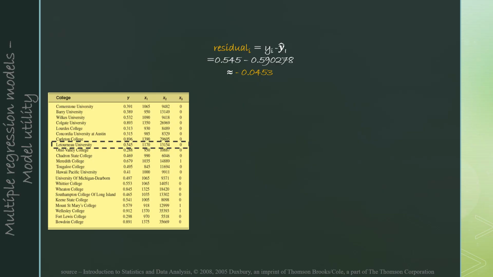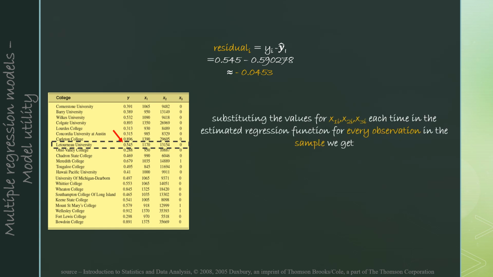Residual i in this case equals yi minus yi hat equals 0.545 minus 0.590278, which is approximately equal to minus 0.0453.